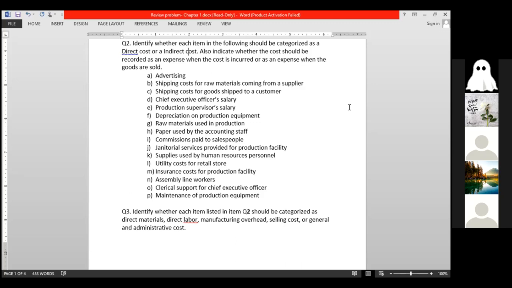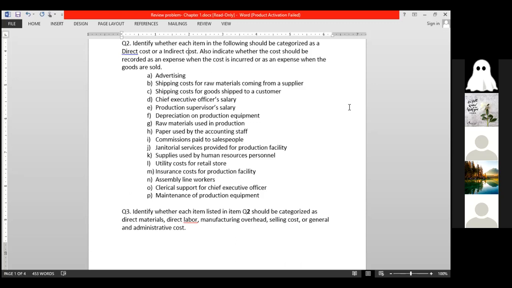Then the raw materials used in production. Direct. Yeah, this would be direct, right? Raw material, without that, your production cannot carry on. So raw material used in production will be direct cost. Paper used by the accounting staff. Indirect.